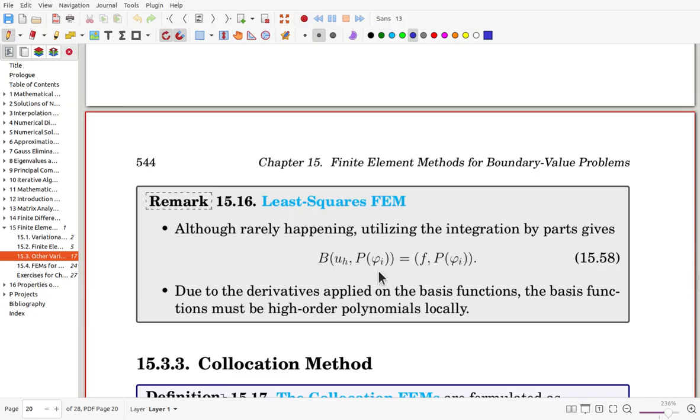So in order to simulate by using this technique, your basis function must be higher order. After differentiation, if it disappears like a linear polynomial, then you cannot get really the solution effectively. So your basis function must be a higher order polynomial. The degree must be high enough so that you can get the solution reasonably.